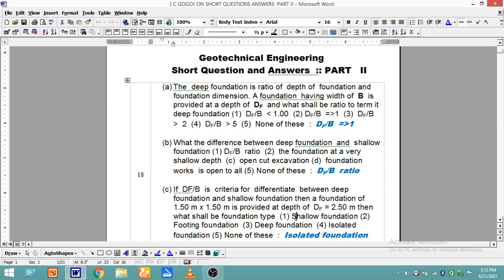Given answers are: shallow foundation, footing foundation, deep foundation, isolated foundation, none of this. It is termed as isolated foundation. Neither is it shallow foundation nor deep foundation, it is isolated foundation.